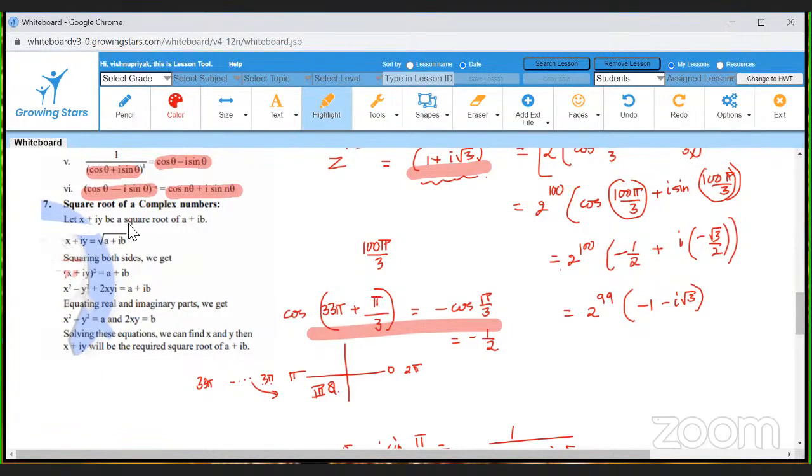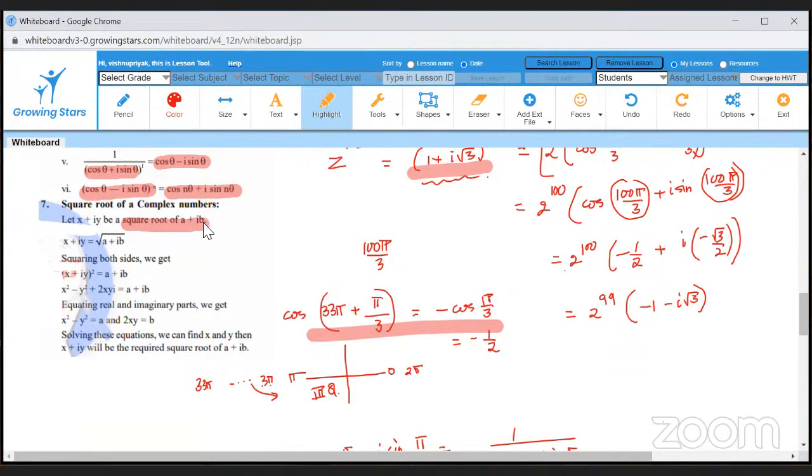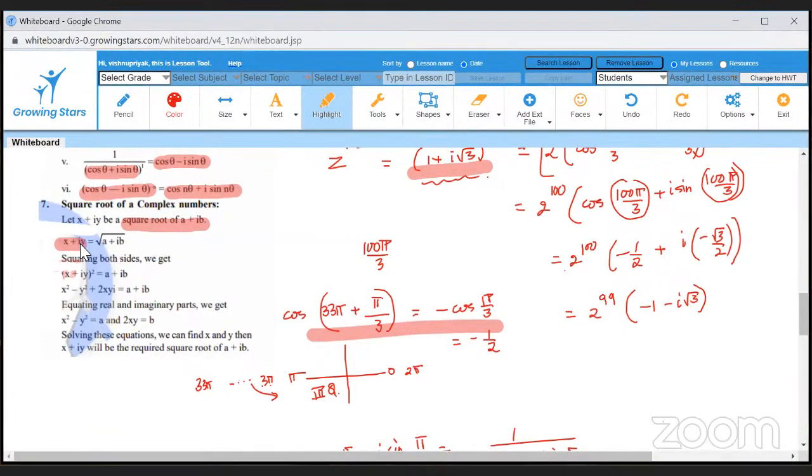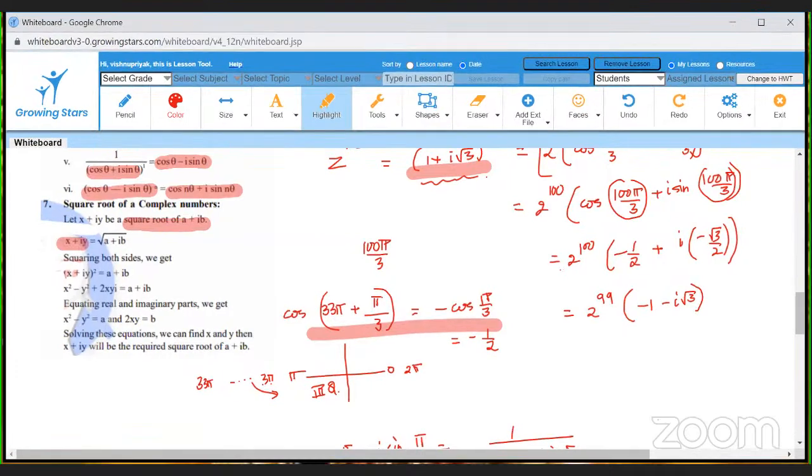Next, if you want to find the square root of a plus ib, the answer will be of the form x plus iy. Now, how will you get x?